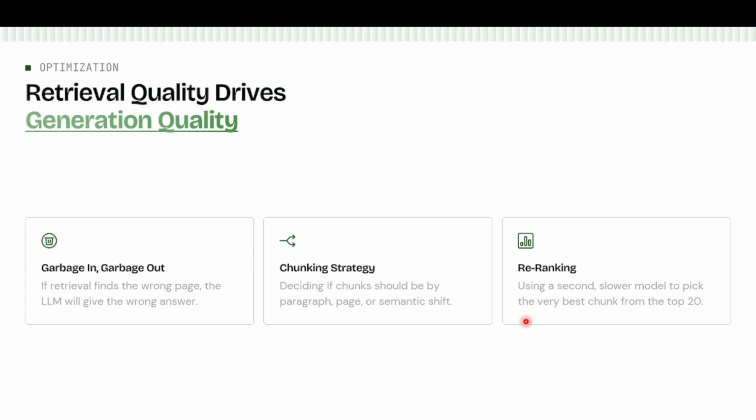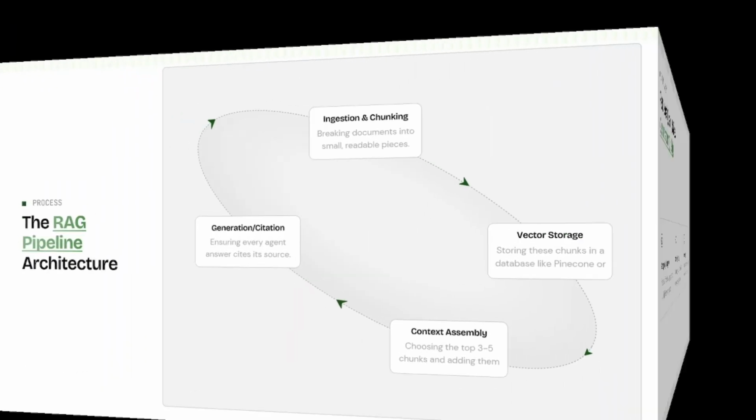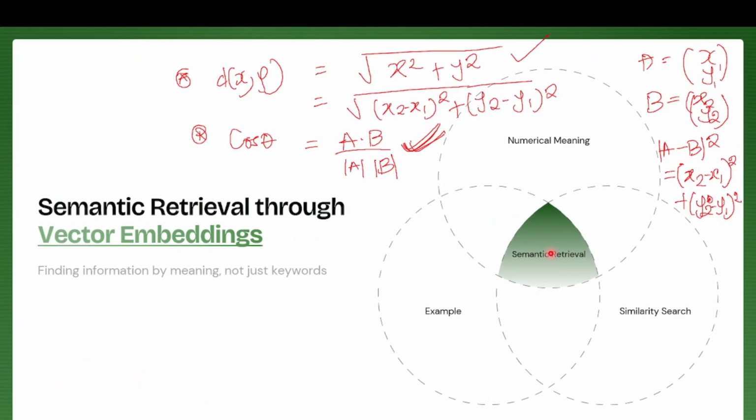Then re-ranking. This is using a second, slower model to pick the very best chunk from the top 20. You can use semantic ranking here. When you have the top 20 chunks, you implement semantic ranking, which is just combining these three that we have here.